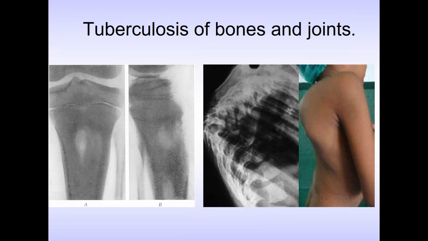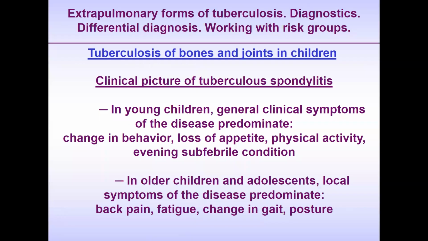Clinical picture in younger children: general clinical symptoms of the disease predominate, change in behavior, loss of appetite, physical activity, and evening subfebrile condition. In older children there are local symptoms of the disease.